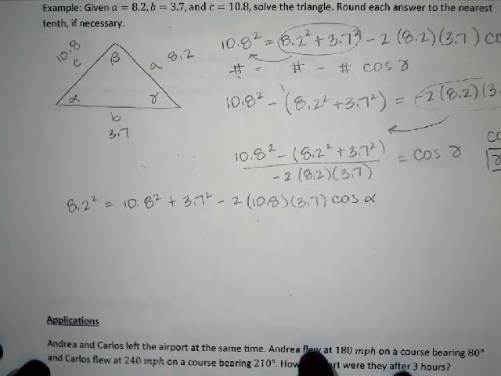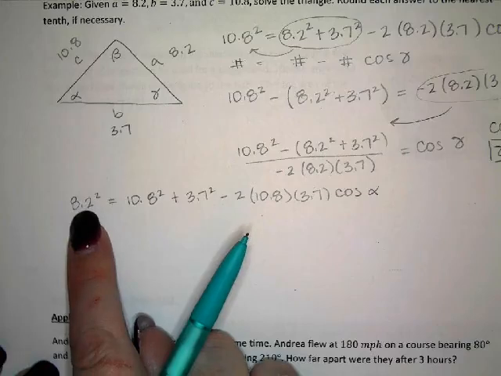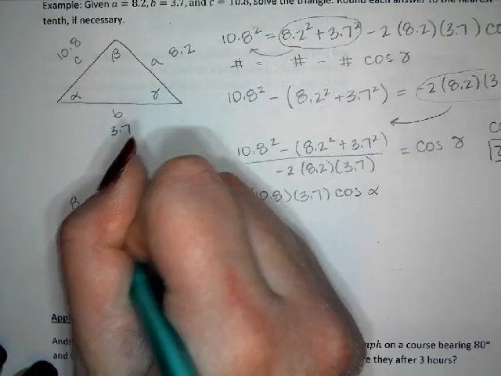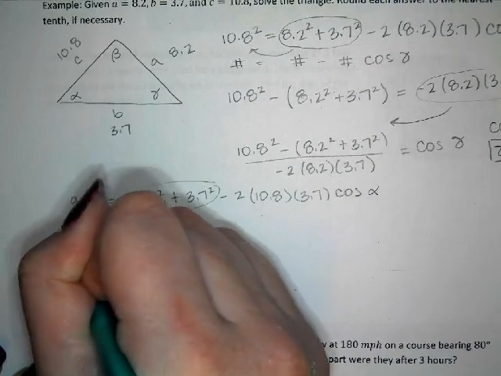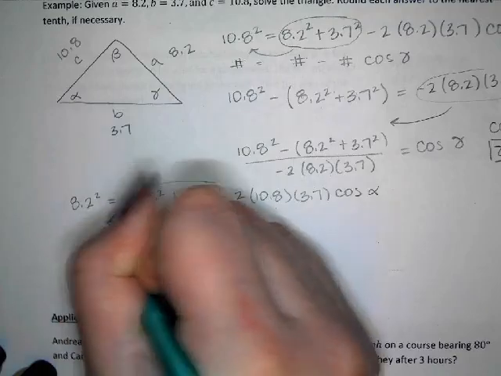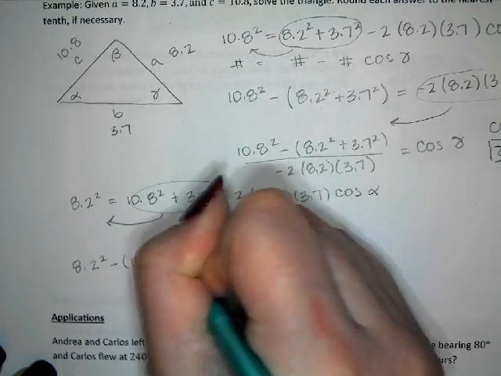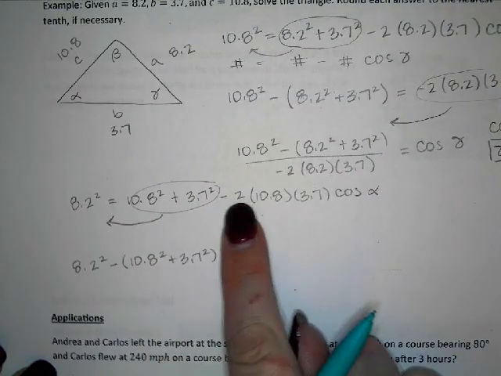And so just like I did last time, I'm going to start with this number. I'm going to take this and subtract it over. And so that equals this stuff times cos alpha.